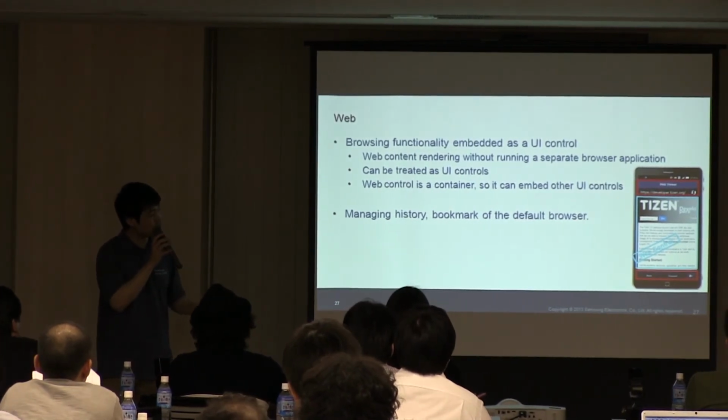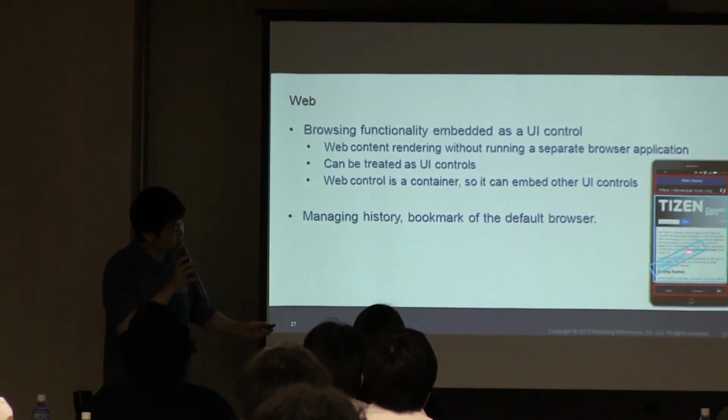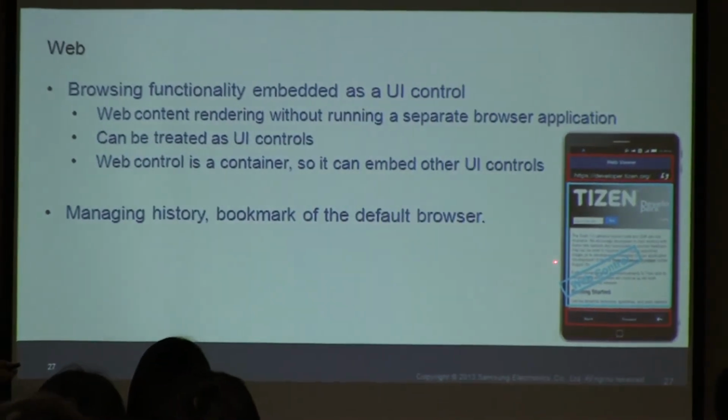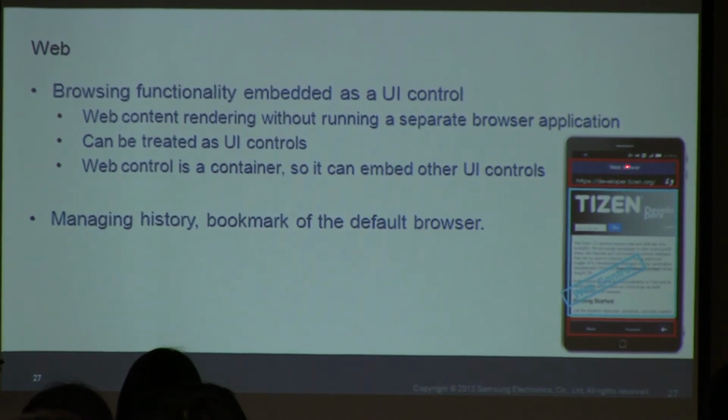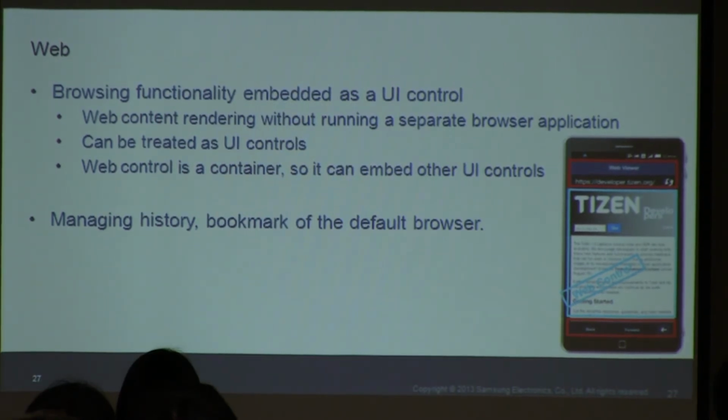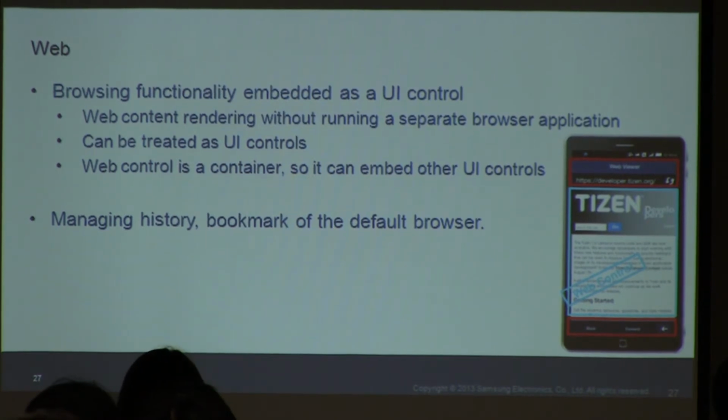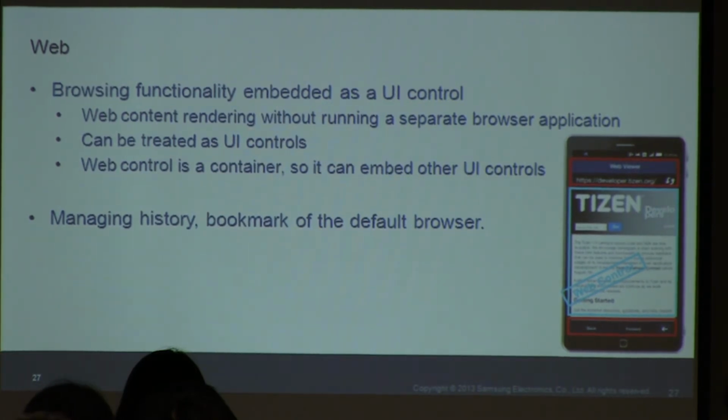You can put the web control here, this is an embedded web browser with web control. These are native buttons. The header and text and buttons are native application features. And these two can interact and communicate with each other. And also you can manage histories and bookmarks and set a default browser.